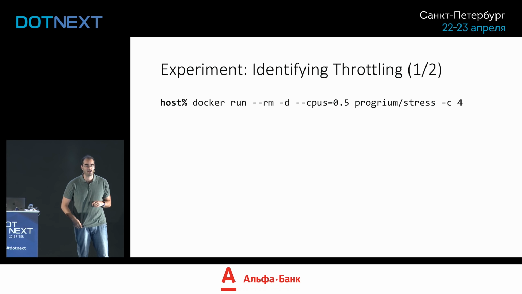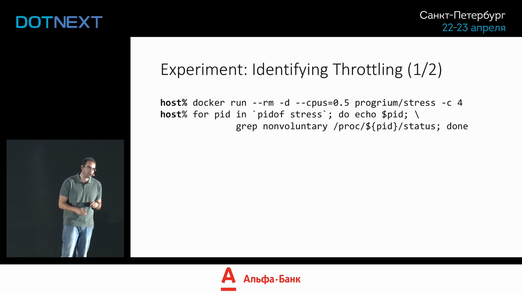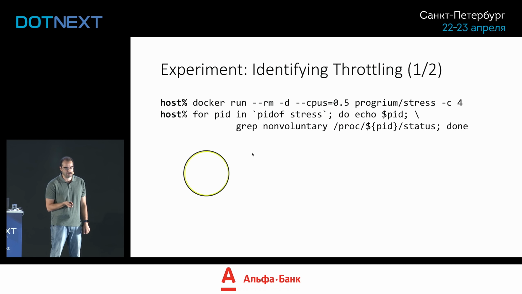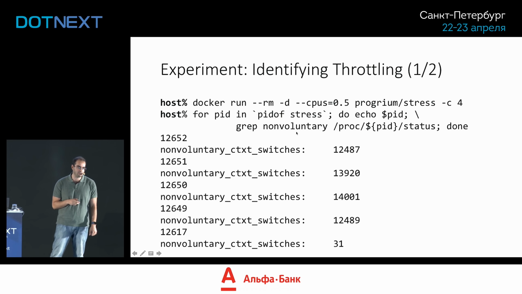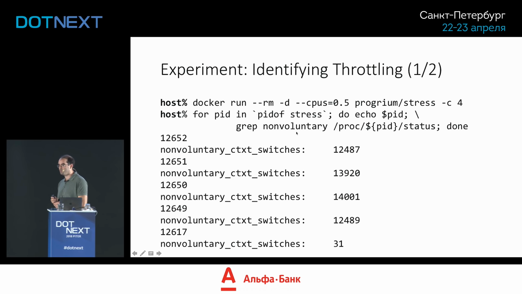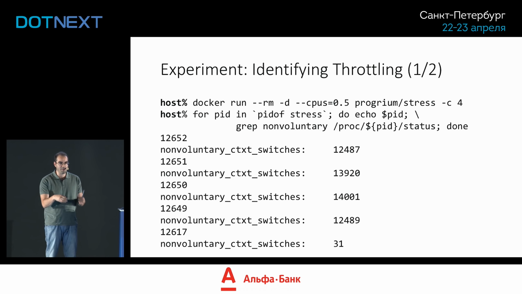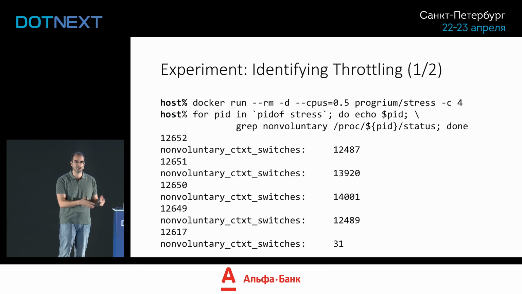So here's how you identify this. One way is to look at your poor process. It has a status file in the file system, and that status file has a field called non-voluntary CTXT switches. So non-voluntary context switches is when they put handcuffs on you and push you off the stage because it's not that you wanted to go away, it's the kernel.